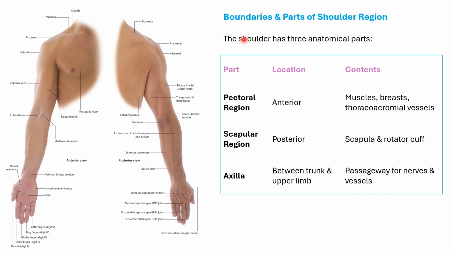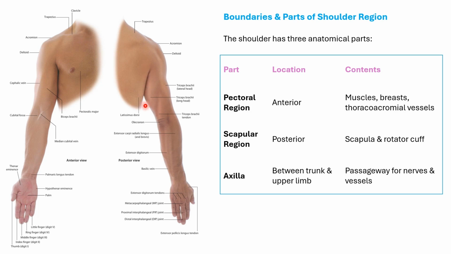Okay, now we learn about boundaries and parts of the shoulder region. The shoulder has 3 anatomical parts: pectoral region, scapular region and axilla. This is the pectoral region and it is located anteriorly. The scapular region is located posteriorly, and the axilla is located between trunk and upper limb.